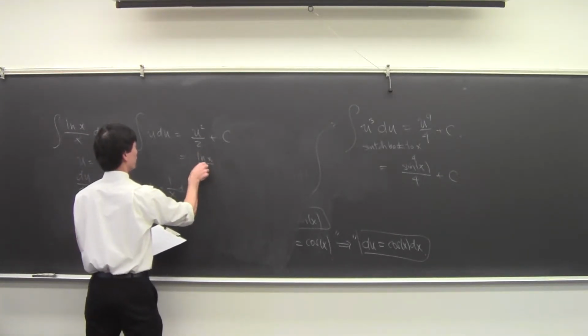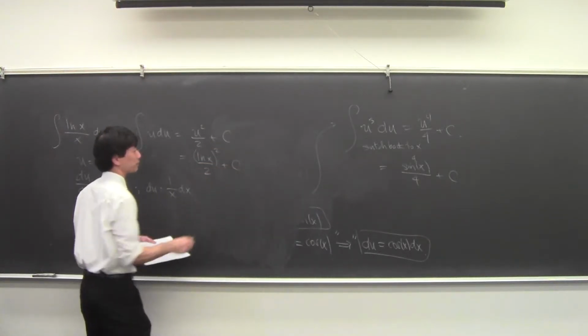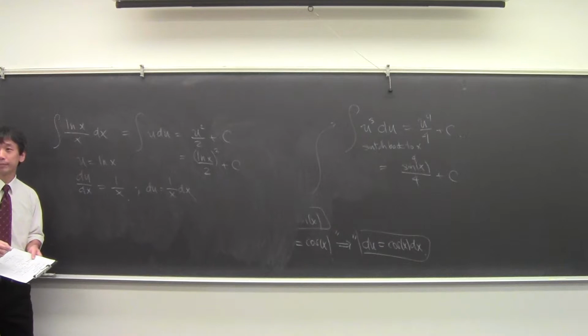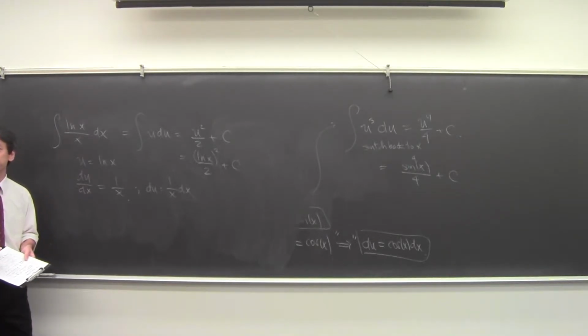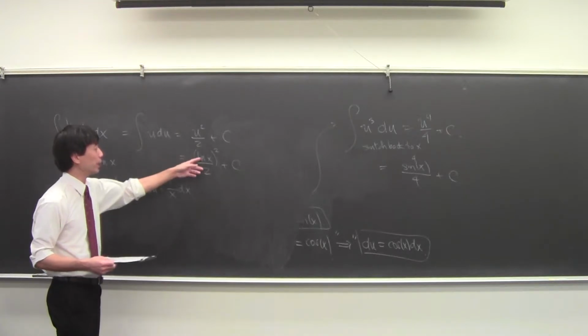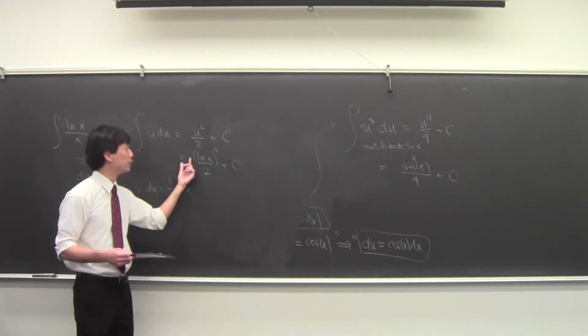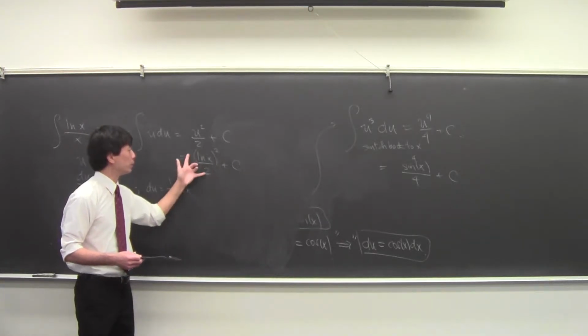Then you integrate that, that's u squared over 2 plus c, you switch it back, and you get natural log x squared over 2 plus c. And if you differentiate that, you see that that actually is an antiderivative. By the chain rule, you're going to get 2 natural log x to the 1, so the 2's will cancel out.